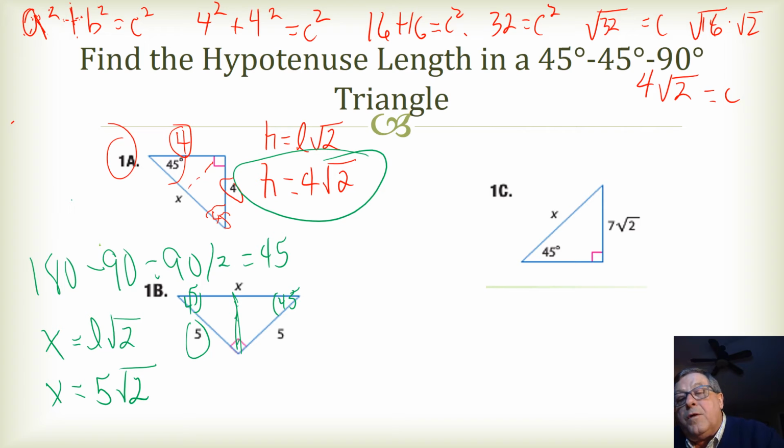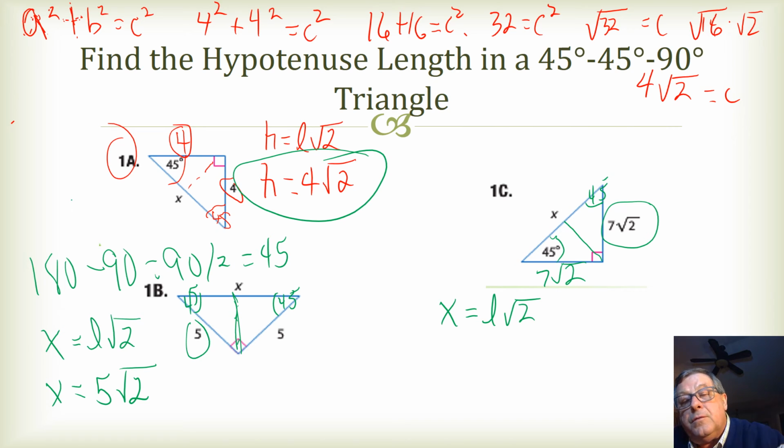Now, what do we have for 1C? I have a 45 degree angle, so that tells me this has also got to be 45 degrees here. I'm going to locate the hypotenuse. It's directly across from the right angle, so it's x. One of the leg measures is 7 times the square root of 2, which means this leg must also be 7 times the square root of 2. It's got to be the same. Again, x, the hypotenuse in this case, is equal to a leg length times the square root of 2.